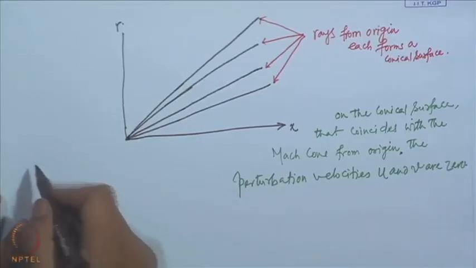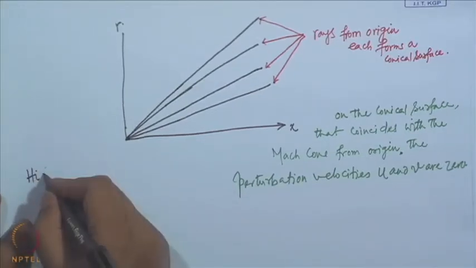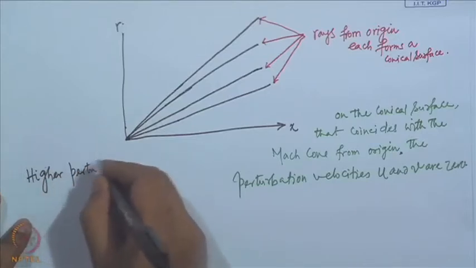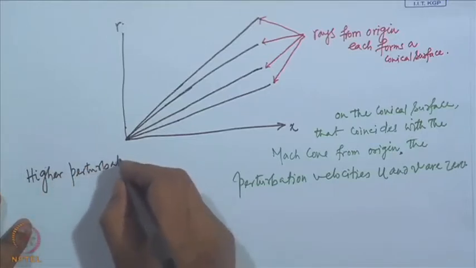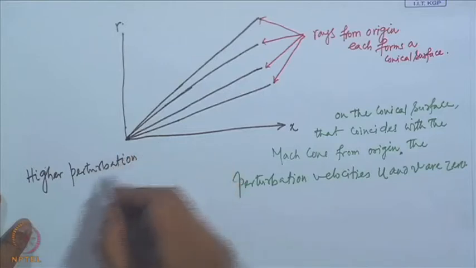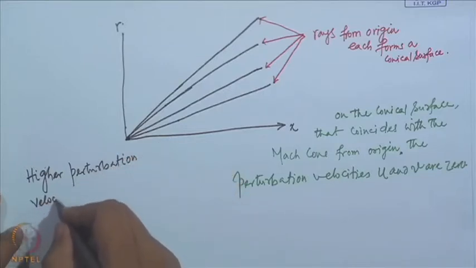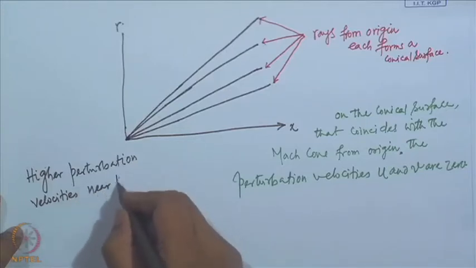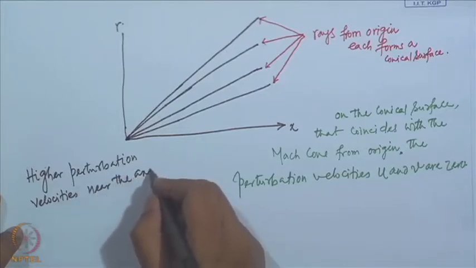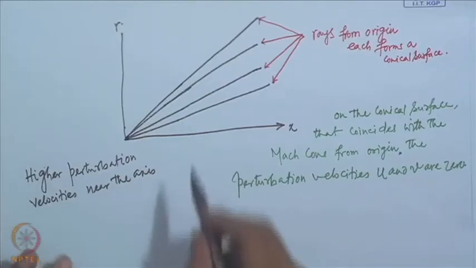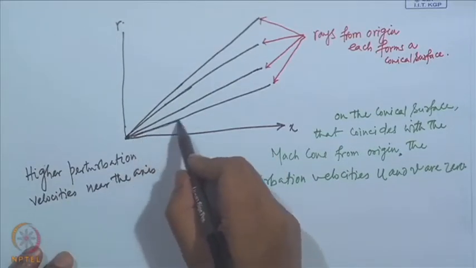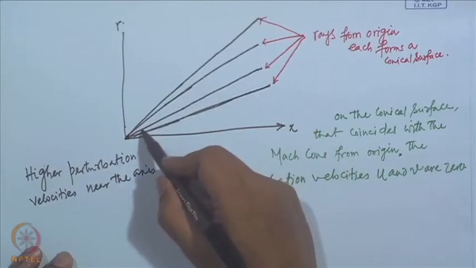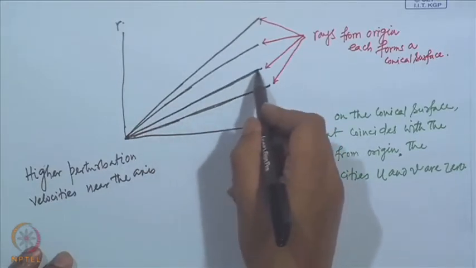So, the perturbation velocities on this ray will be much higher than the perturbation velocity on this ray, and so on.